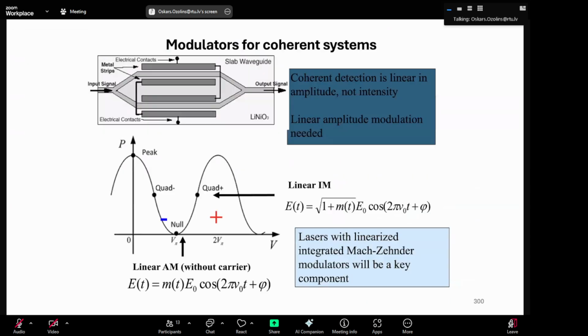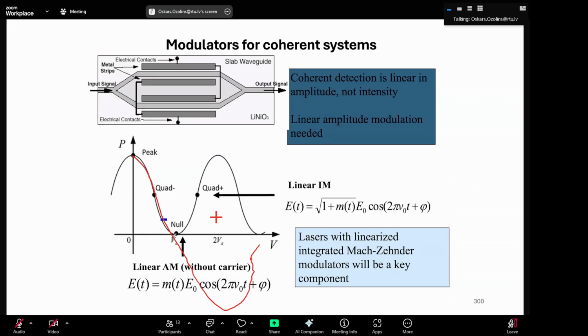So here this one is for power. You have a quadrature point and you have a null point. If you look at amplitude only, then you have a transfer function which goes down here and then goes up here.